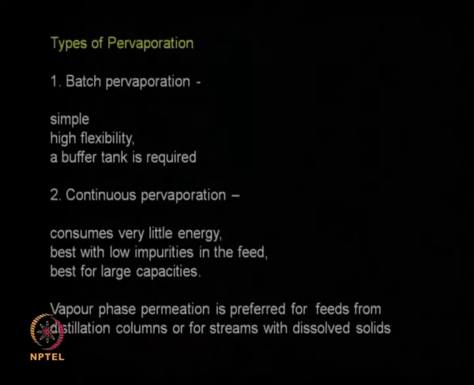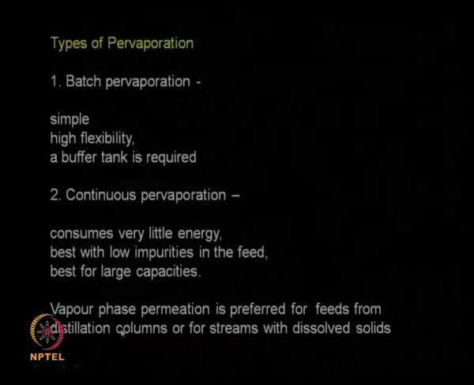So nowadays this type of pervaporation is being preferred even for distillation columns, especially if you have distillation column systems where you are talking about dissolved solids and so on. So we will talk about how pervaporation can be used in distillation columns later in this particular course itself. Okay.